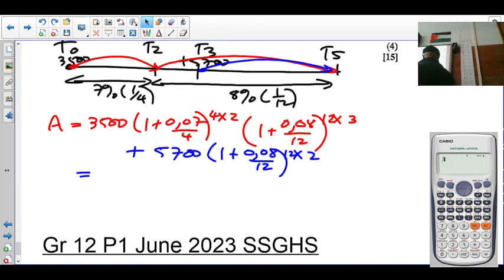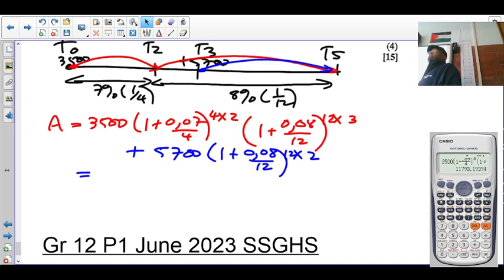What we get here is 3,500 into 1 plus 0.07 over 4 to the exponent 8, times 1 plus 0.08 over 12 to the exponent 12 times 3, which is 36, plus 5,700 into 1 plus 0.08 over 12 to the exponent 12 times 2, which is 24.